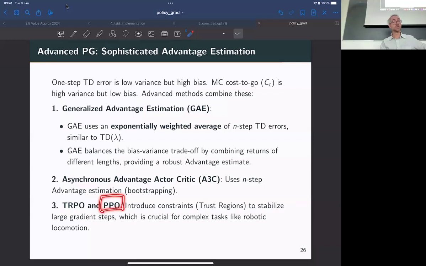So this is really state-of-the-art, which introduce constraints to stabilize large gradient steps. These are mainly regularization techniques that have been added to the standard policy gradient methods, which are helping a lot in making the learning happen fast and in a more stable way.